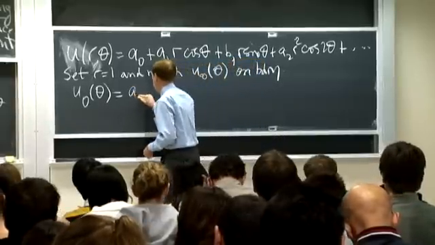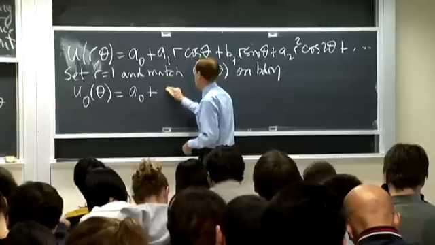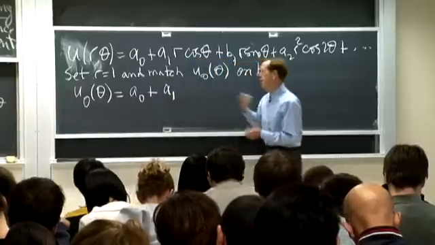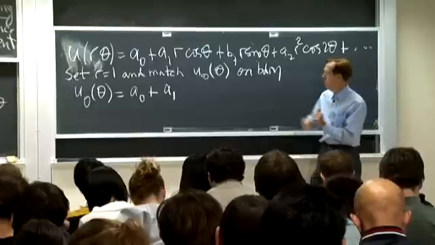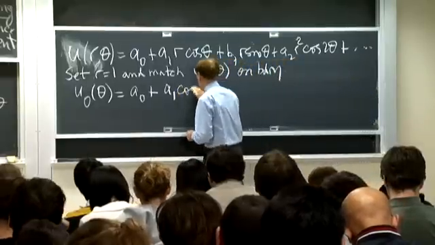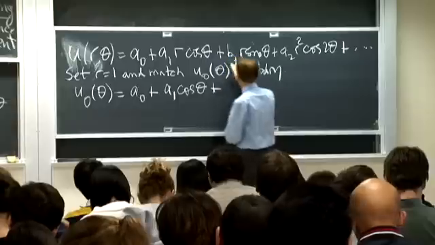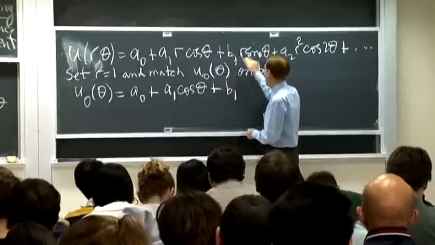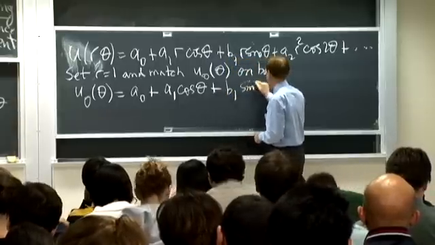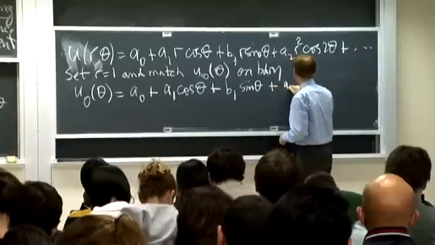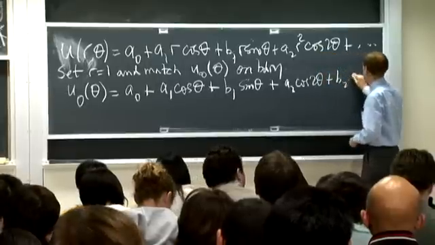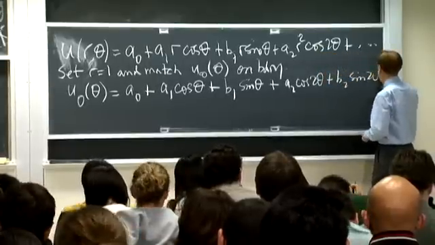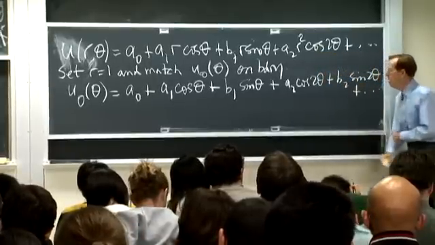So it's a0 plus a1. Now what do I write here? R is 1. So it's just cos theta. Now b1, r is 1, so I just have sine theta. Then I have an a2 cos 2 theta, and a b2 sine 2 theta, and so on.